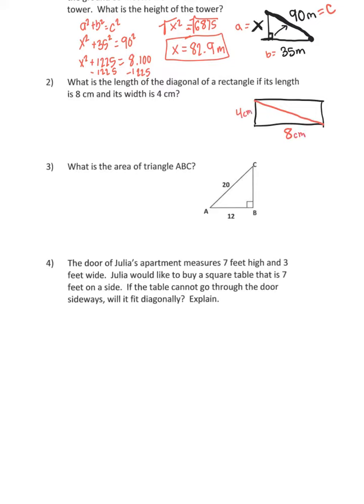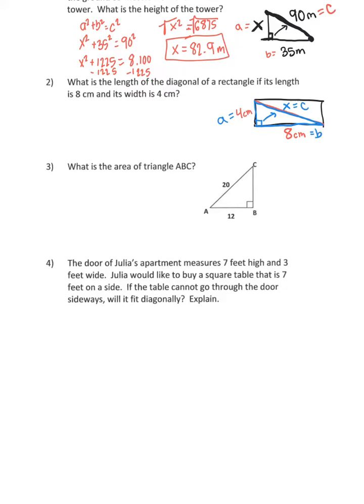Well, if I look at my triangle inside my rectangle, I've got a right triangle right here with my right angle in the corner. My hypotenuse would be that unknown side, our x. So that is our C. And that makes my other two sides, my A and my B.